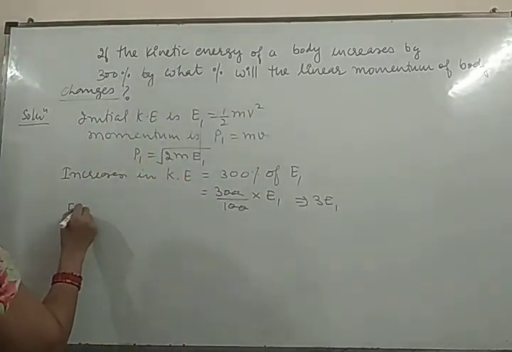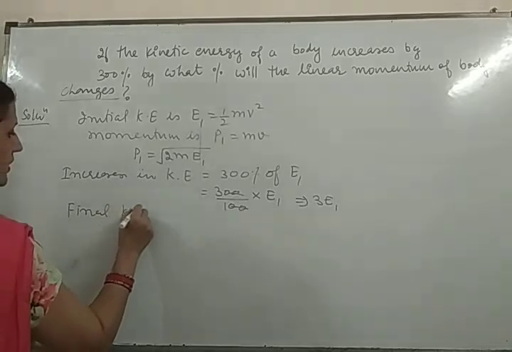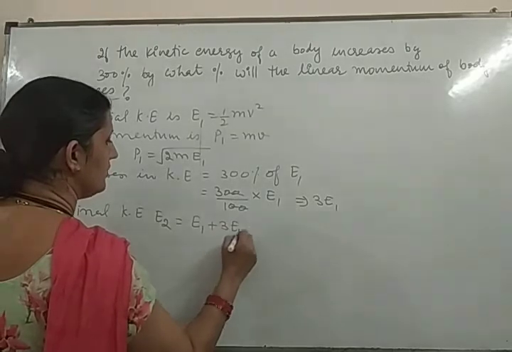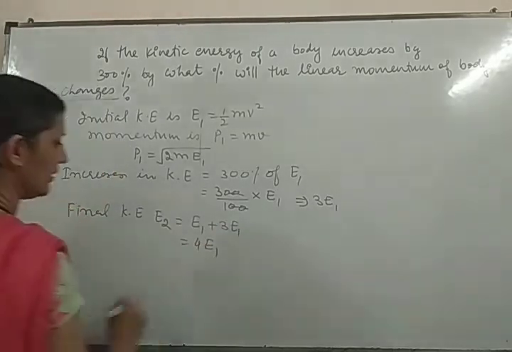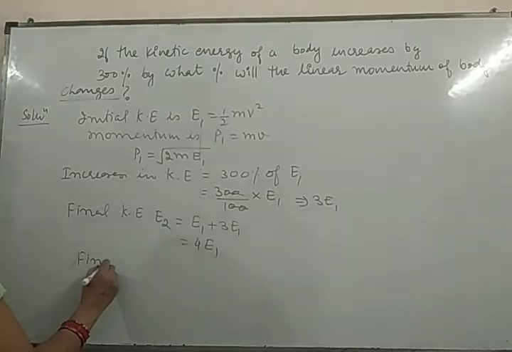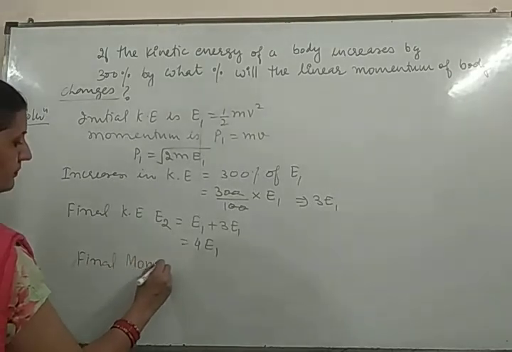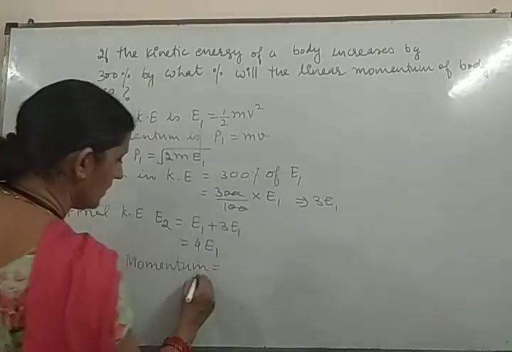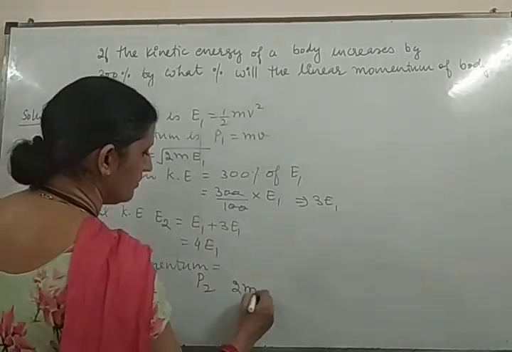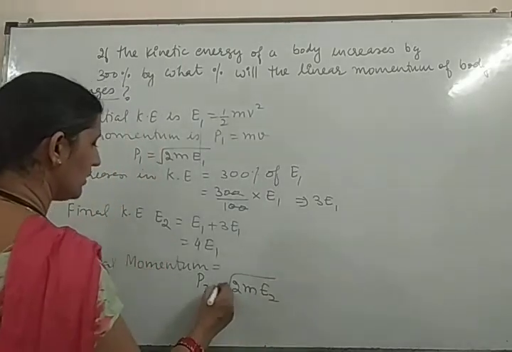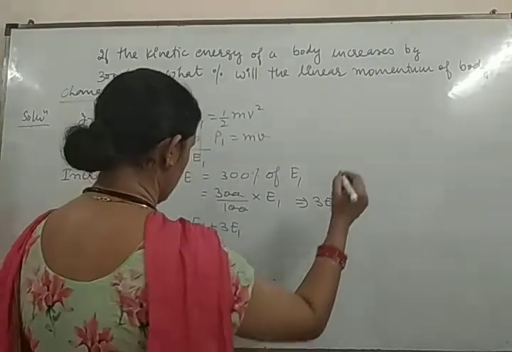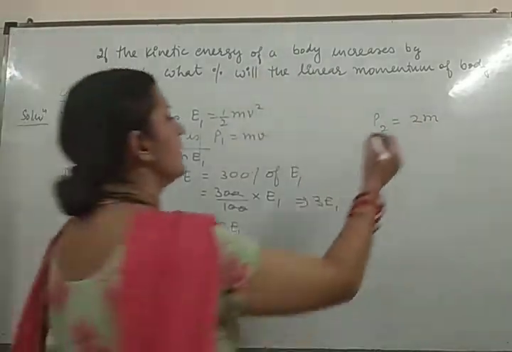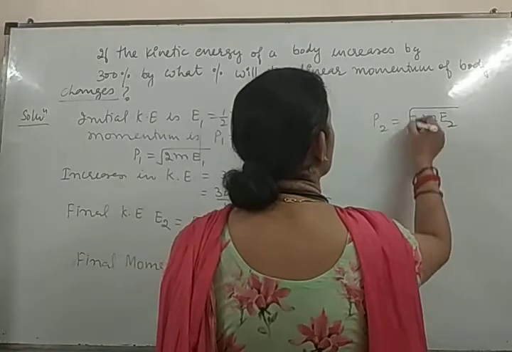Now what is the final energy? Final kinetic energy, this is E2, that is equal to E1 plus 3E1. The value is 4E1. And what is the final momentum? Final momentum will be according to energy. This is P2 equal to square root of 2mE2.